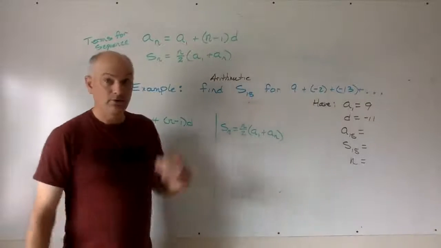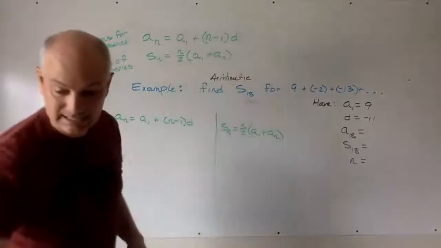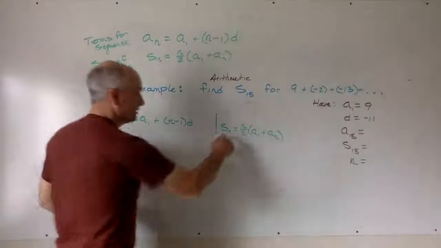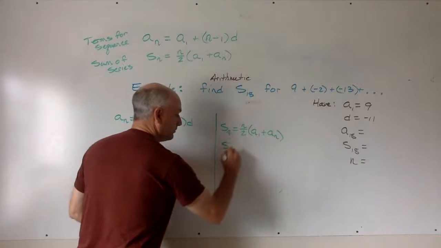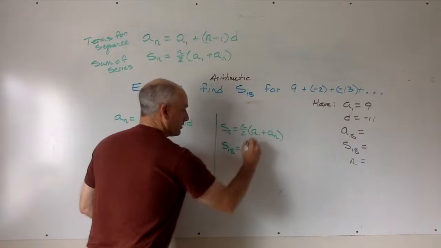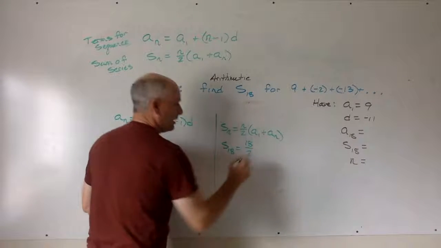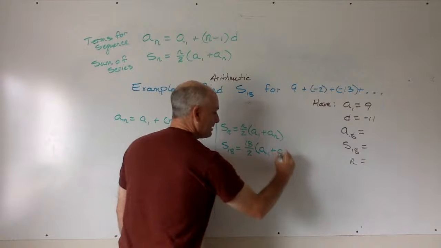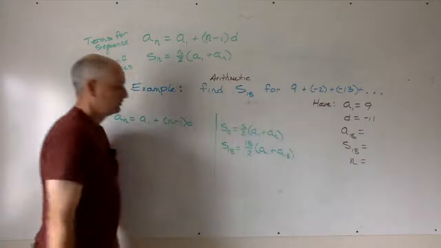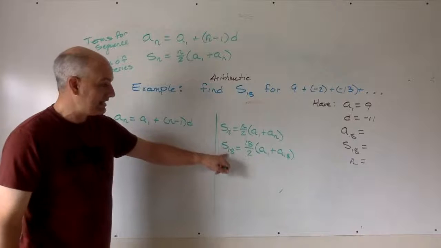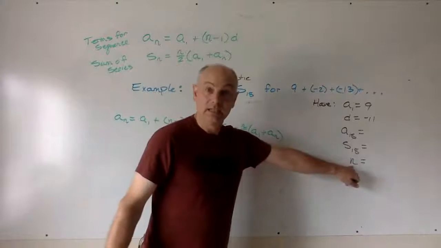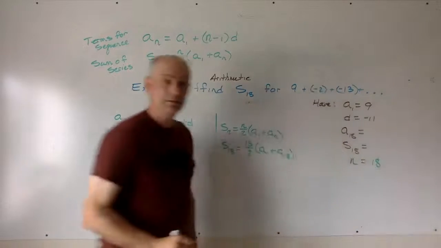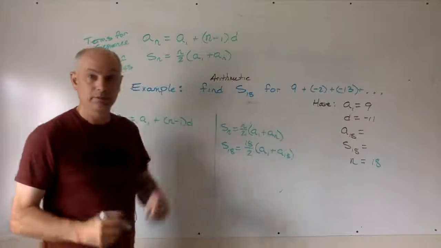In order for the formula to work, to find S sub 18, I would have to recognize out of this that for S sub 18, I'd have to have 18 over 2, a sub 1 plus a sub 18. Okay, so if I need S of 18, that means I need n. That's 18. Okay, so that's just coming from here.